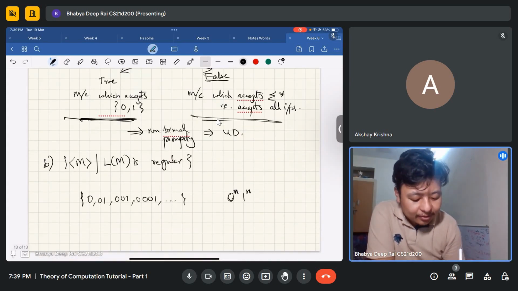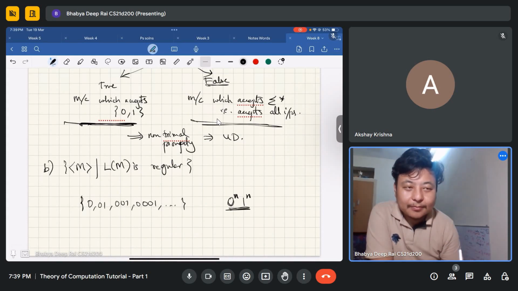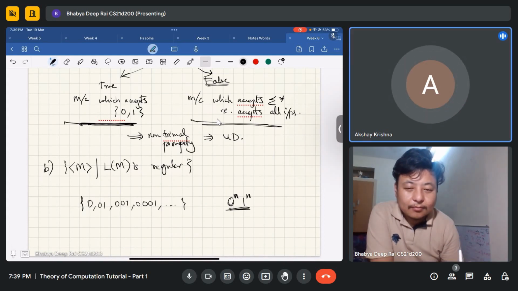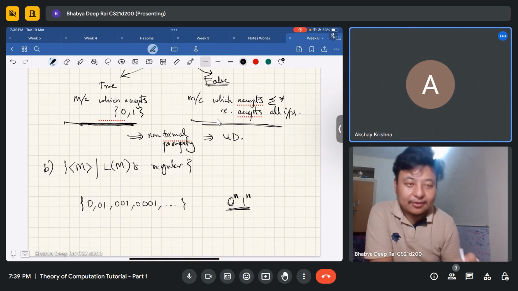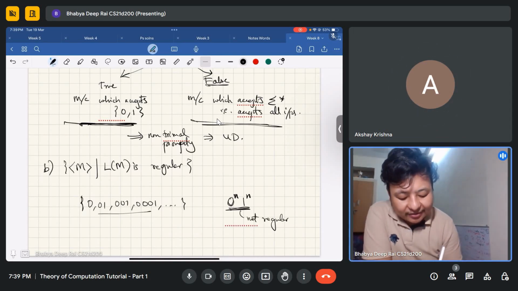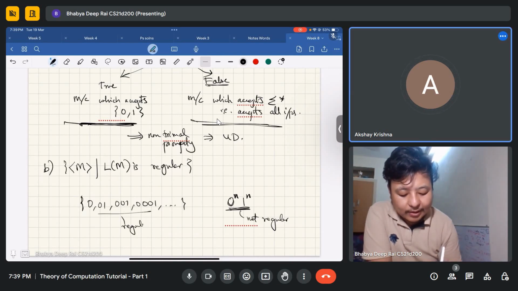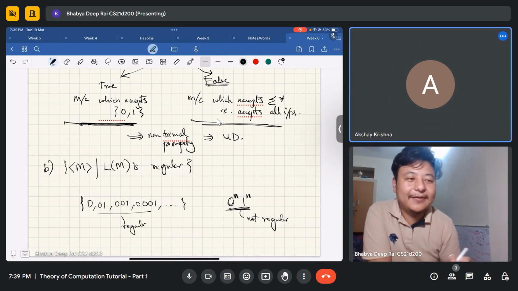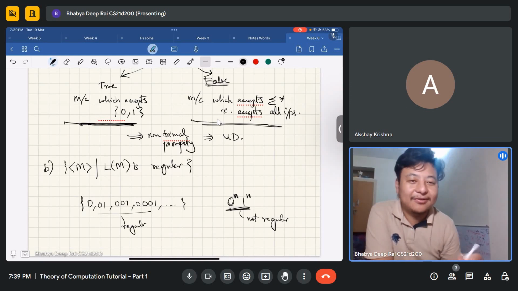Including the empty string also we can put. But is this language regular? 0 n 1 n is not regular. This is not regular, right? Yes, sir. But this is regular. And a Turing machine can always mimic a DFA.